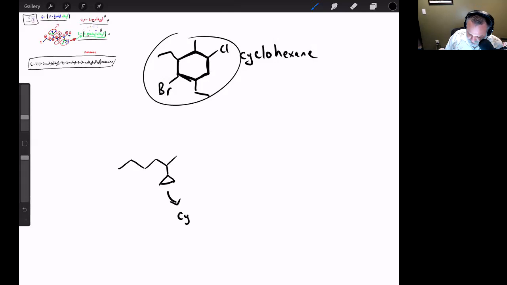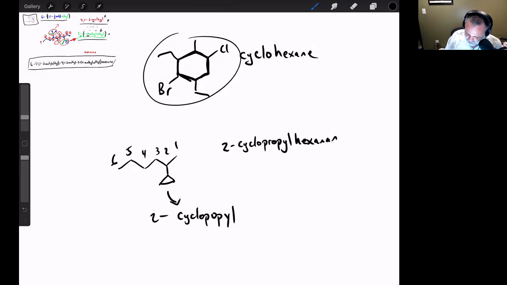This one would be a cyclopropyl group because it's a substituent off the main chain. So it's at the 2 position, 1, 2, 3, 4, 5, 6. So this would be 2-cyclopropylhexane. That's the name of this thing.